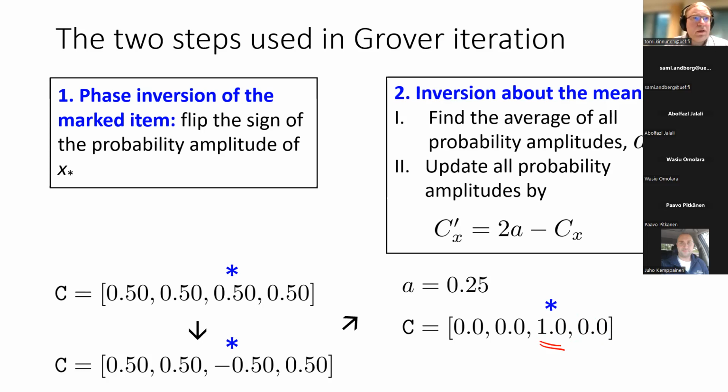Of course, if you are like myself 1 year ago, you are wondering: wait a minute, what do you mean we mark the item that we are searching for, isn't that what we don't know? And for some reason I've indicated here to just take the correct one and flip the sign. You're right, this is very strange.